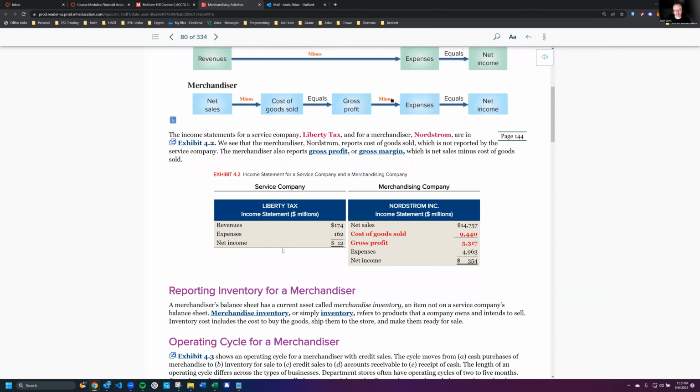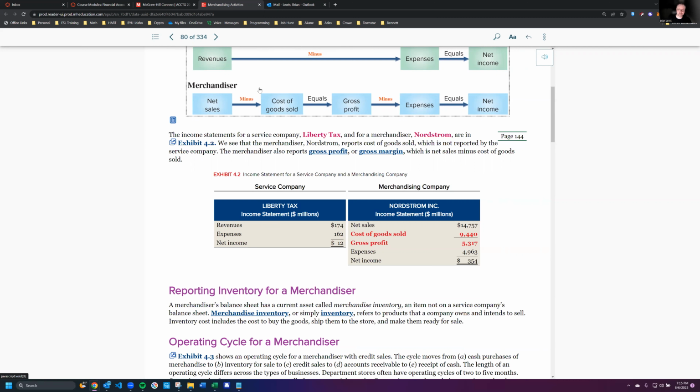This is a service company. And by the way, this is overly simplified. I don't want to complicate things, but usually service companies also track some form of a cost of goods sold to get a gross margin, but in a very simplistic manner. They don't inventory their labor.